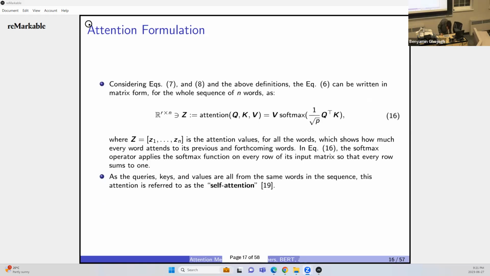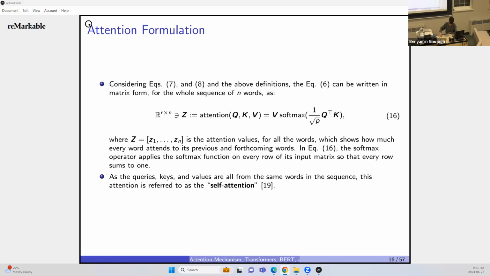Now, do you remember attention, which we talked about? What was that? Equations 7 and 8. Let me repeat them to you.